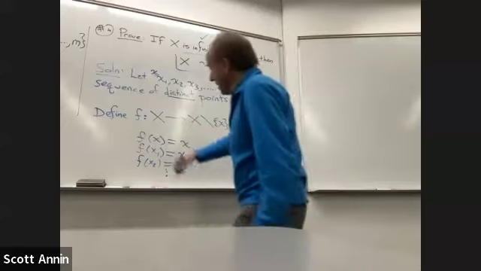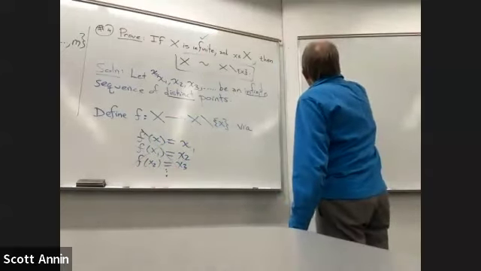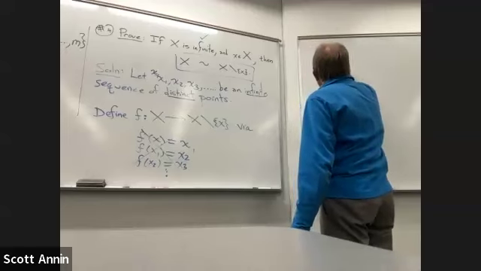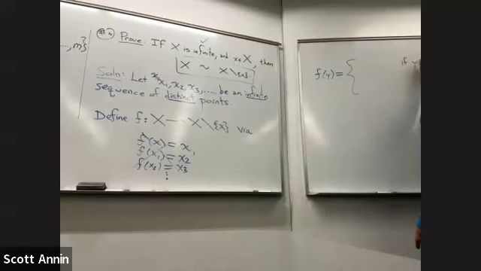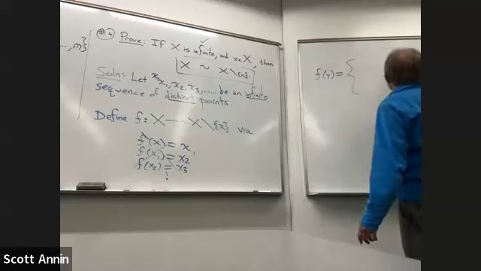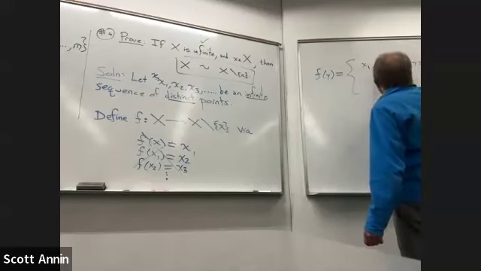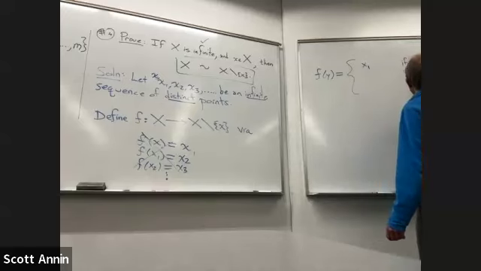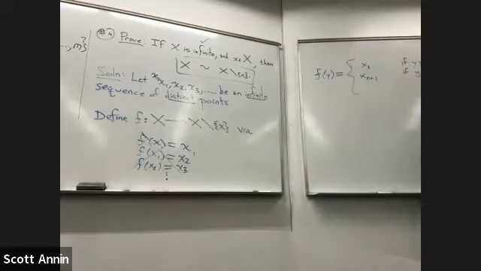So now, this was kind of scratch work. Let's come over here. I'm going to define f of y to be the following. If y is equal to x, then this is going to be x1. If y is equal to any of my xn's, then this is going to be x sub n plus 1.